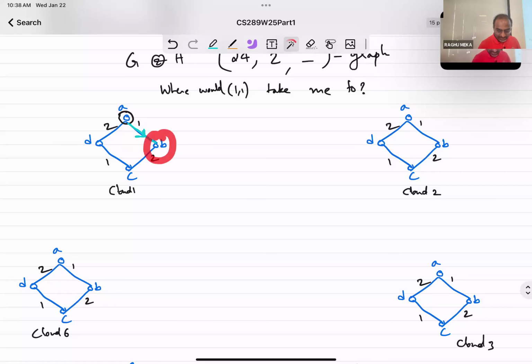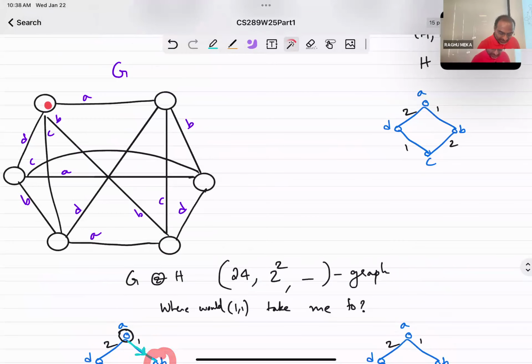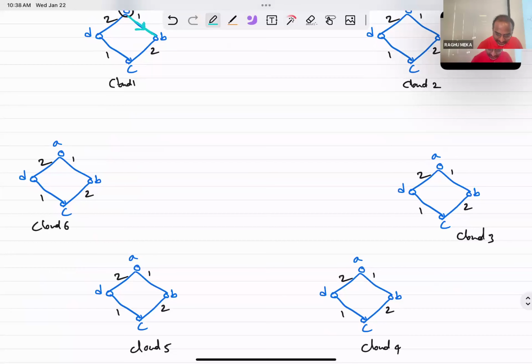So here it's label B. I go here. Where is B taking me to? All the way here, right? So I jump here. Okay, this is the across cloud step.